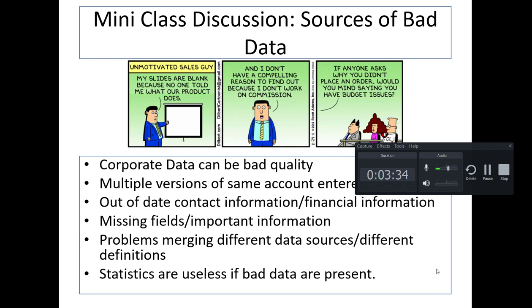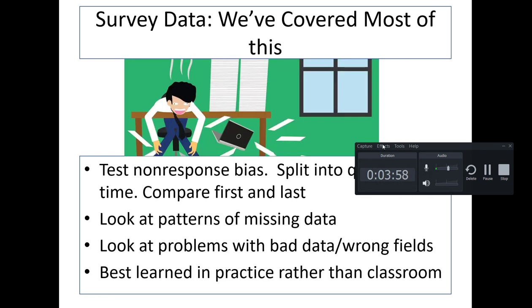So quite often with corporations, we have to deal with bad quality data. And it's the same with questionnaires. If people haven't filled in surveys properly or things have been skipped out, then we're going to have potentially bad quality data. And in fact, statistics and any sort of analysis are pretty useless without good quality data.